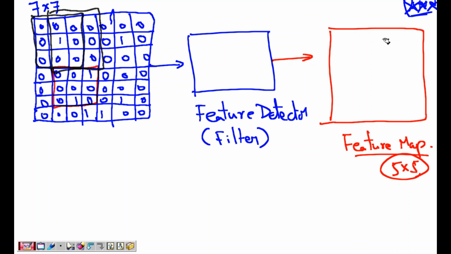That's why 5 columns here. The image has 7 columns, that's why you can write 5 columns. Rows also the same: 5. So that definitely will give a 5 by 5 feature map.